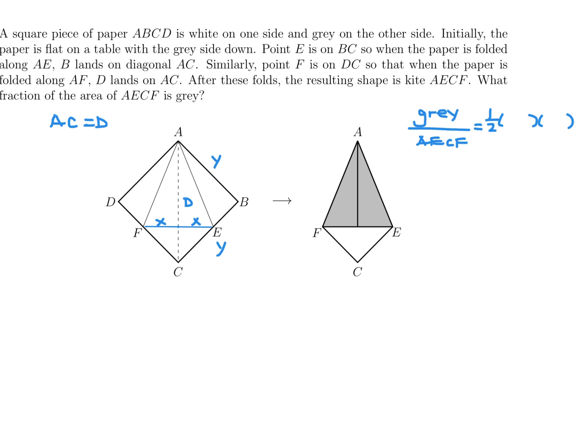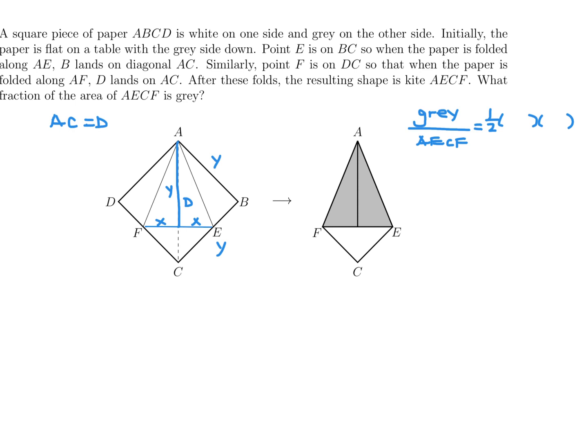And then since it lands on AB, right? When you fold it, it lands exactly onto there. So that means that this, from here to here, from A to there, that's also y. Yeah, that's the only way it can land.